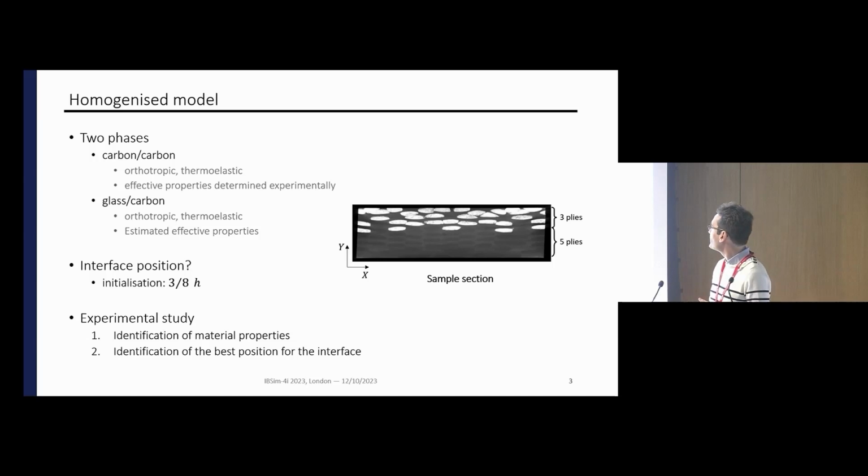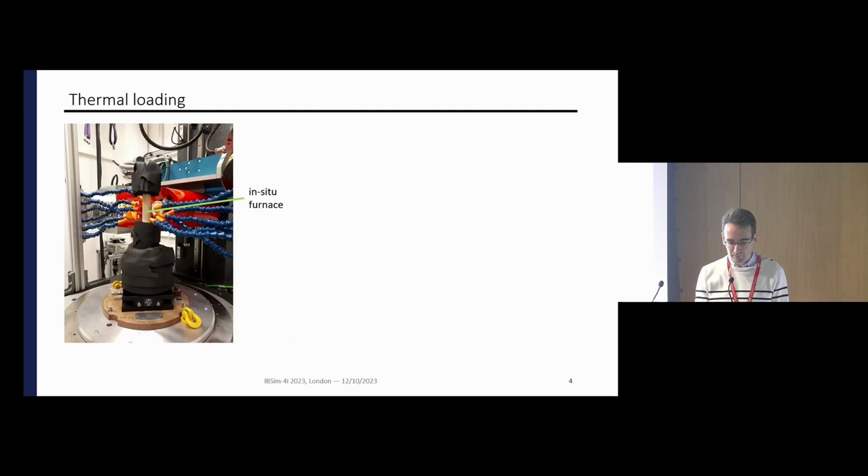But you can see it's quite difficult, due to the weaving pattern, to define something which is planar and respects the separation, so it's still quite arbitrary. And the objective, through an experimental study, is to identify first the material properties, mainly for the glass carbon phase, and the ideal position of the interface to reproduce the behavior of the sample.